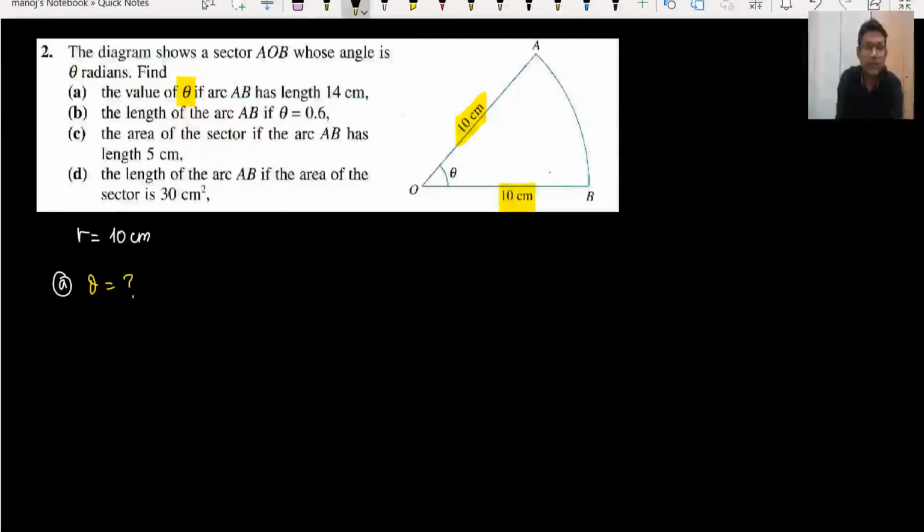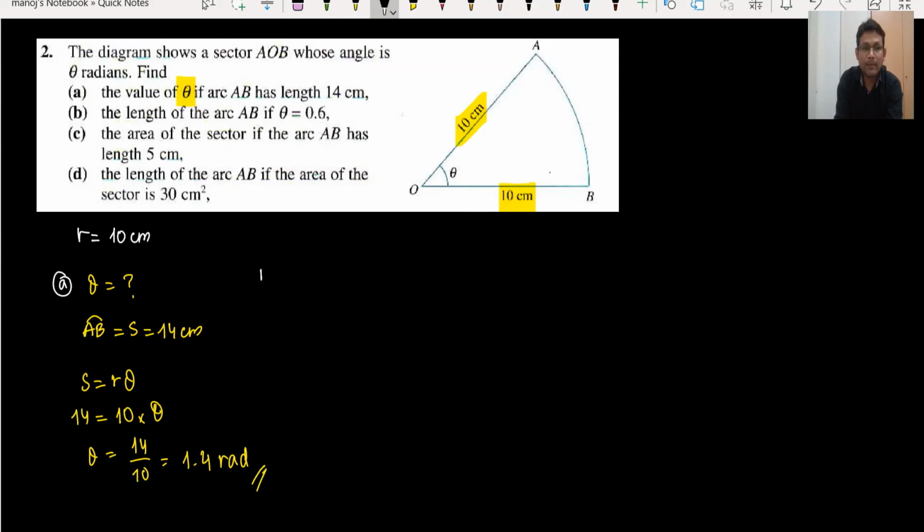And the AB length for this part A, which is S, is equal to 14 centimeter. S equals R theta, and R is 10. Theta is the question mark, and the arc length is 14. So theta is equal to 14 divided by 10, which is 1.4 radian, and that we have done. Moving to part B. In part B, we have to find the length of the arc AB.